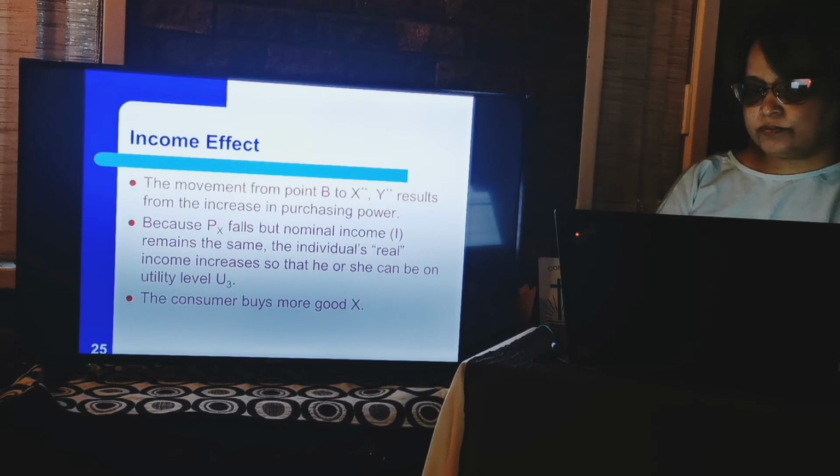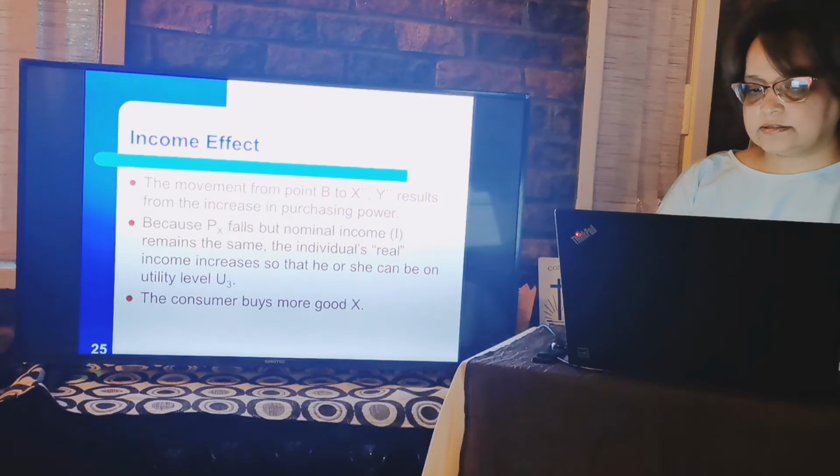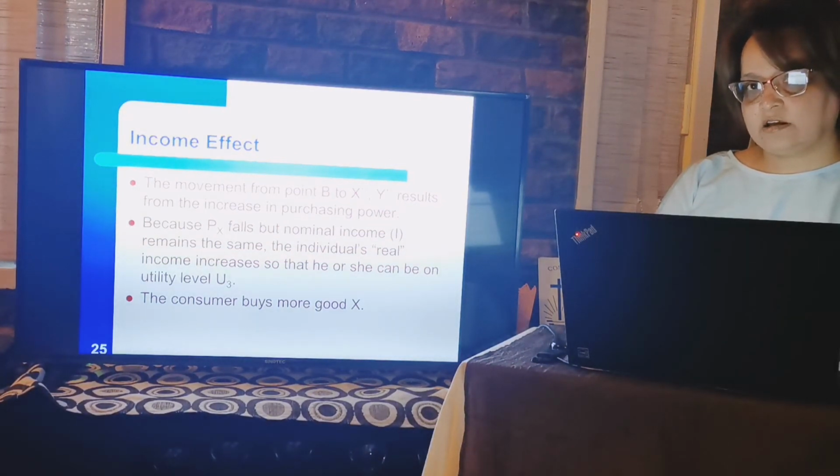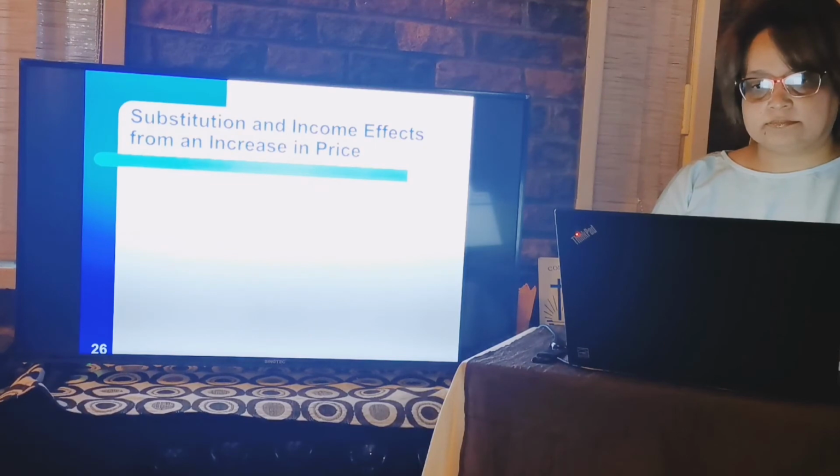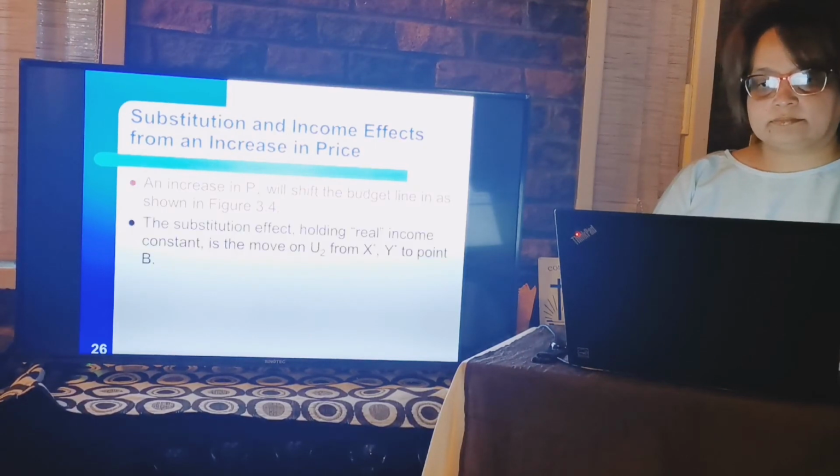Prices fall, demand increases. As income increases for a normal good, you'll buy more. For an inferior good, you'll buy less. An increase in price will shift the budget line as shown in figure 3.4, which we'll see now.